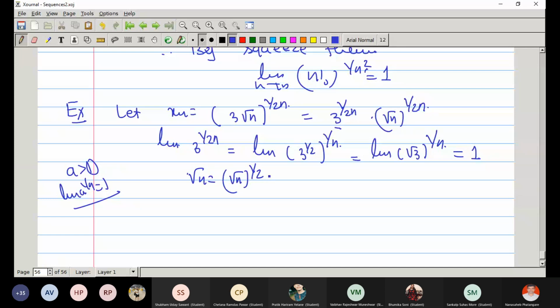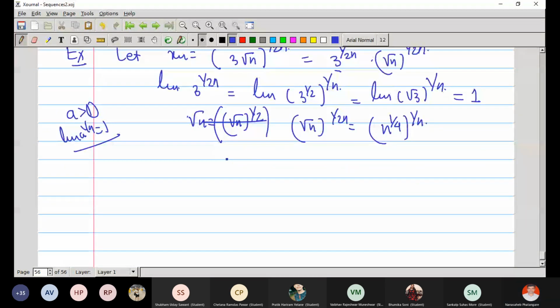Then, no sir, I was telling that we can write it directly as n raised to 1 by 4, whole raised to 1 by n. Okay, so n raised to root n raised to 1 by 2n is n raised to 1 by 4 whole raised to 1 by n, that you want to say. Yes, correct.